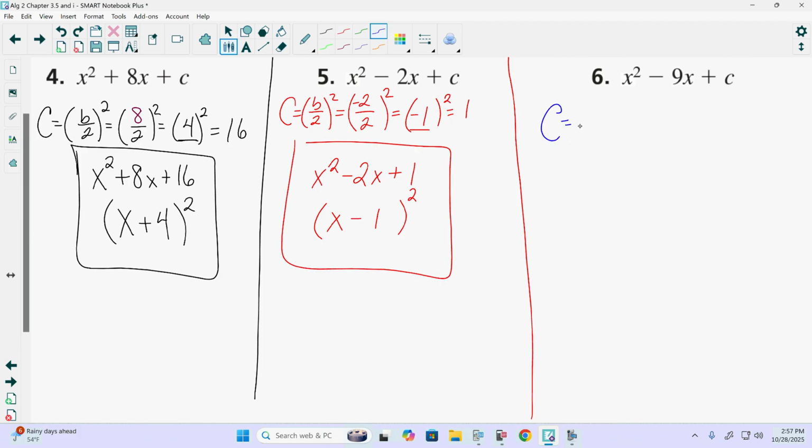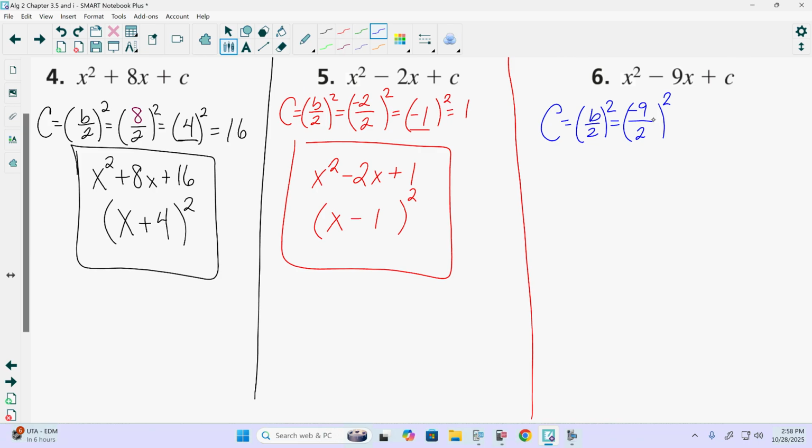c is still equal to b over 2 squared. What's our value of b in this case? Negative 9. So we have negative 9 over 2 squared. Negative 9 divided by 2. Does negative 9 divide by 2 nicely? It divides into a decimal. And in a lot of places in math, having it as a decimal works a little bit nicer than fractions. In most.